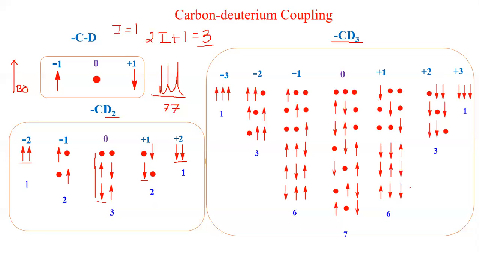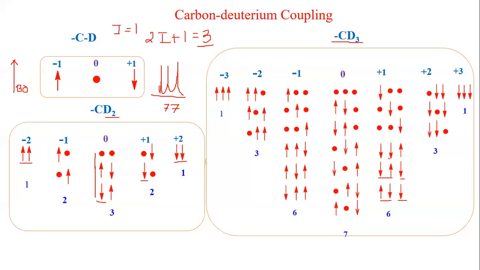+1 means one has opposite spin orientation while the other two make it zero. For example, in this case, look at this. These two cancel one another and they become zero, and only one is there, so it is +1 spin orientation. In this case, you will notice that these two are cancelling one another and this is +1 orientation. But if you look at this, the nuclei have interchanged their orientations.